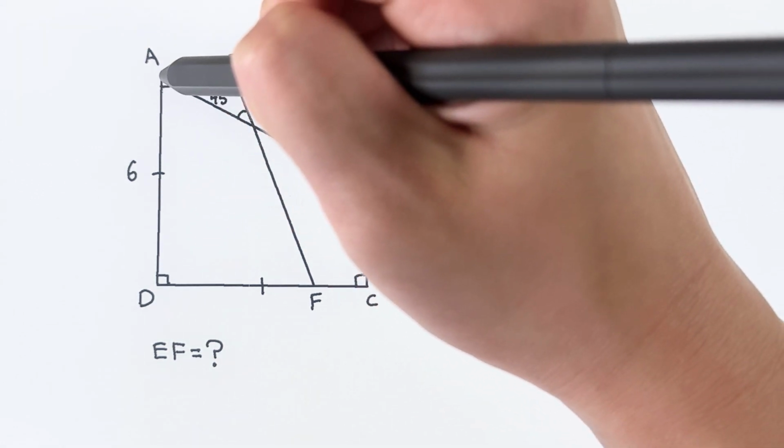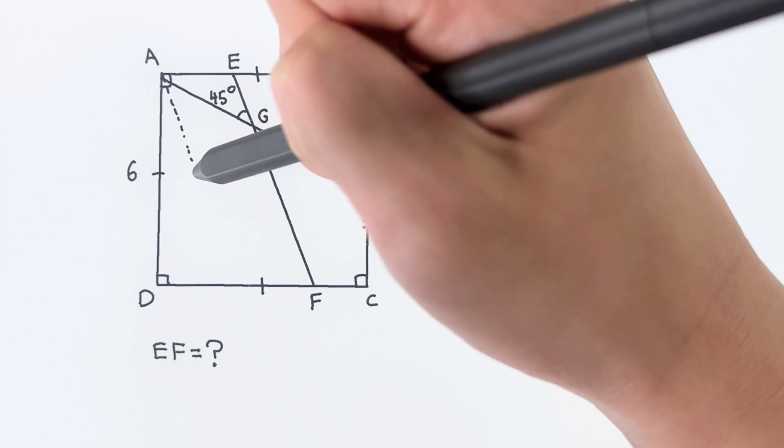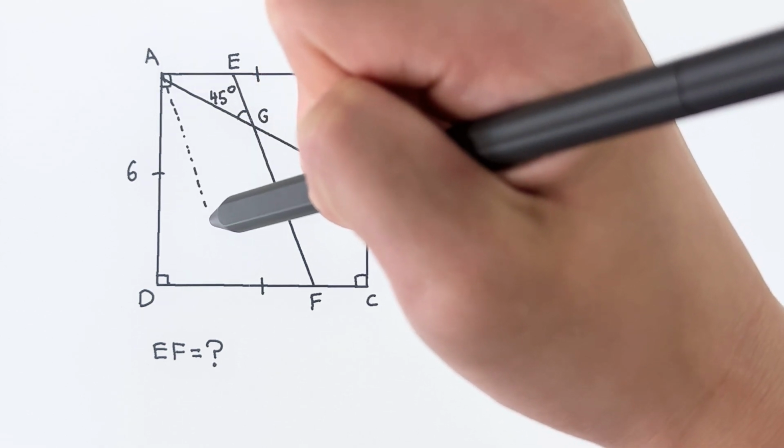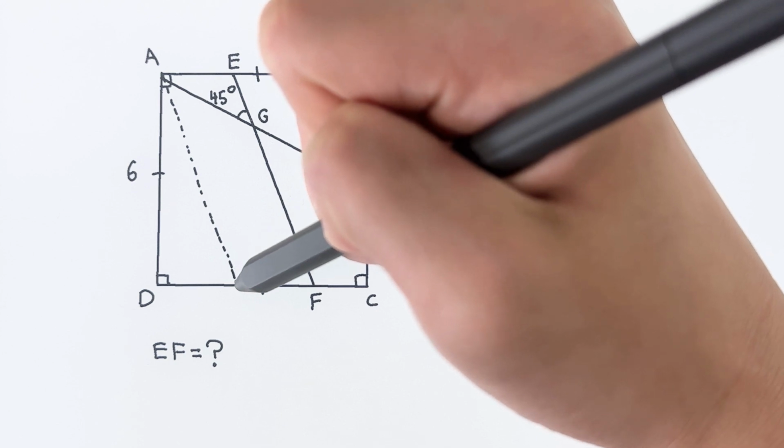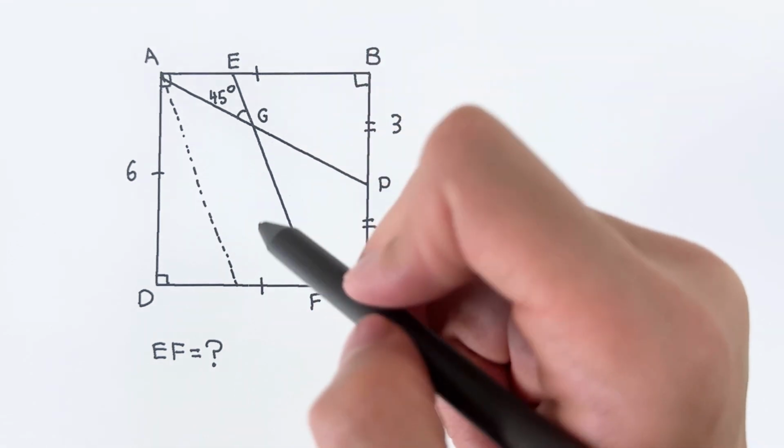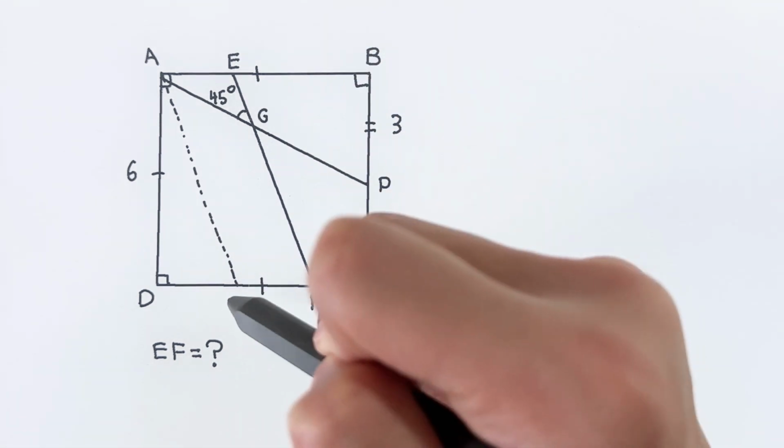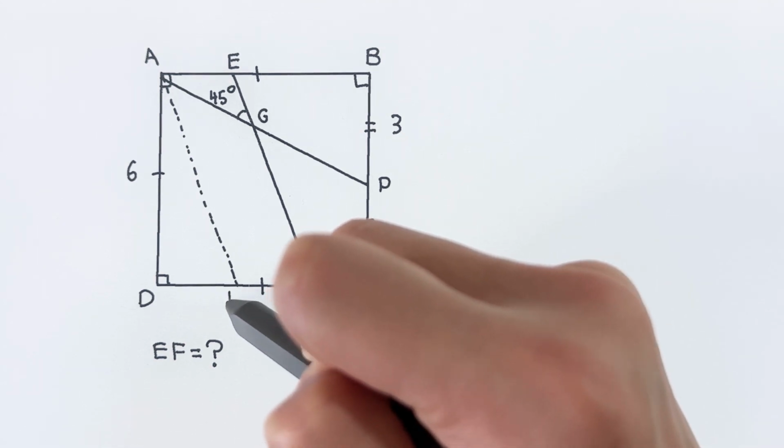So we can construct the translation of side EF to side AH.